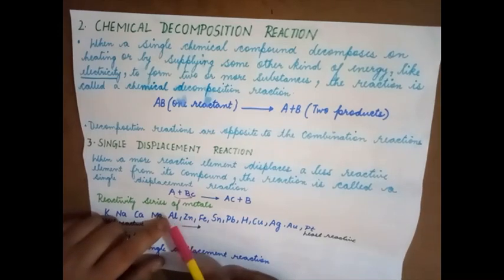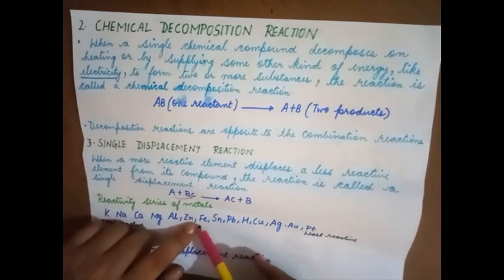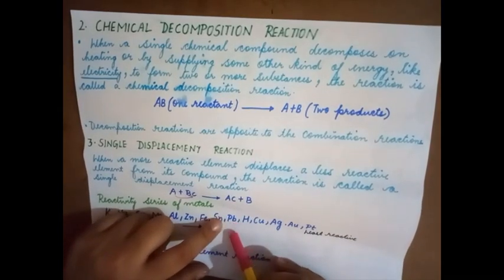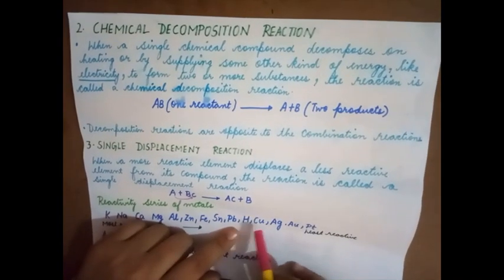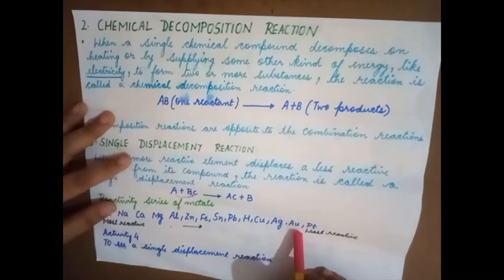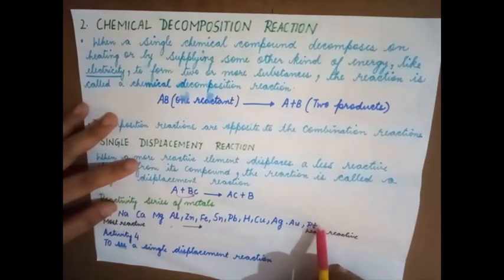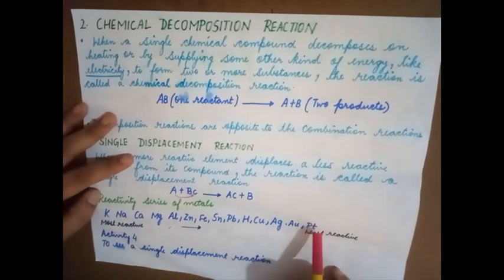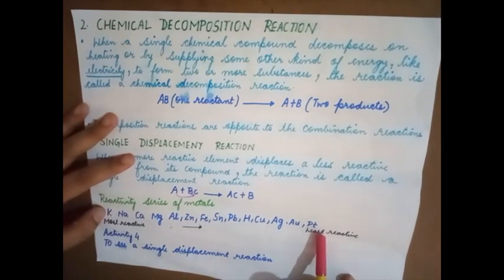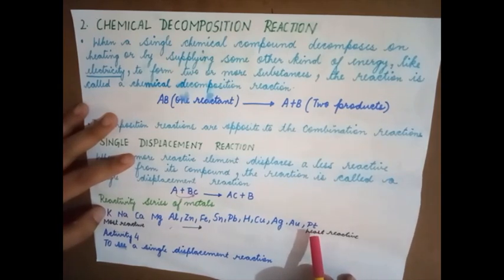Al is aluminium. Zn is zinc. Fe is iron. Sn is tin, Pb is nothing but lead. H is hydrogen. Cu is copper. Ag is silver. Au is your gold. And Pt is nothing but platinum. So potassium is highly reactive and platinum is least reactive. That's why we see silver, gold, platinum jewelries are made, because they are not very reactive.